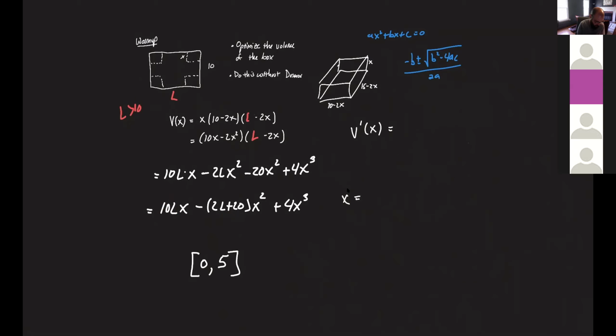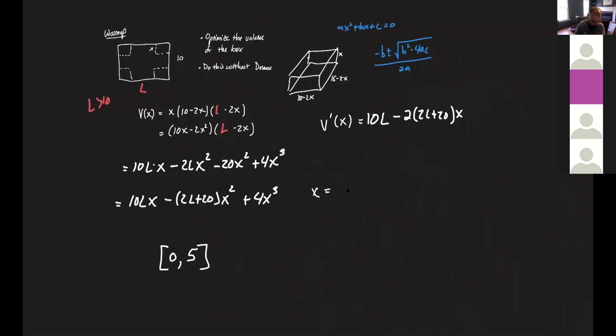Okay, so when I take the derivative of this thing, this is going to be 10L, and then I'm going to get minus 2 times (2L plus 20) times x, and then we're going to be adding on a 12x squared.